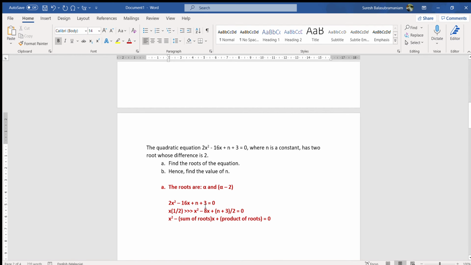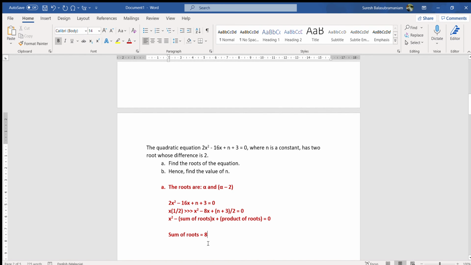Now it has the standard form. We got a equals 1 and we have a negative sign here. So I can make a comparison and find the sum of roots. Sum of roots equals 8.